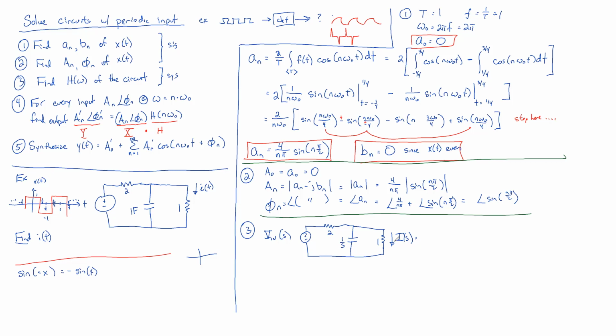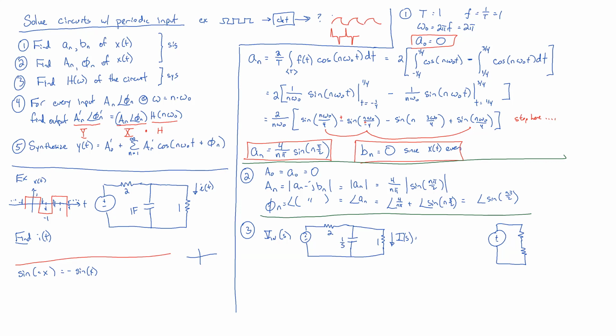You could use a voltage divider, but this isn't really directly a voltage divider, right? A voltage divider looks like this. You have a known voltage and you've got two resistors in series. But that's not quite what this looks like.